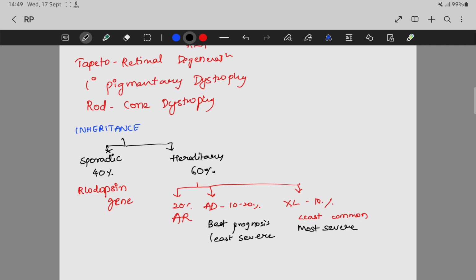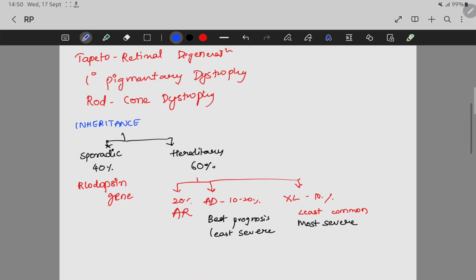The most common chromosome involved, due to involvement of the rhodopsin gene, that is RP1, is located at chromosome 8.